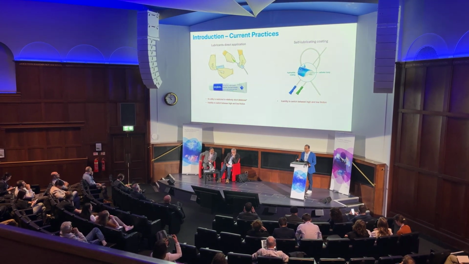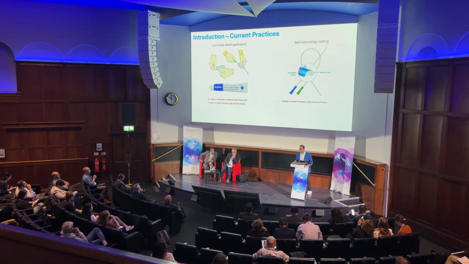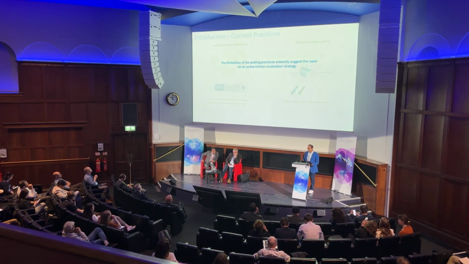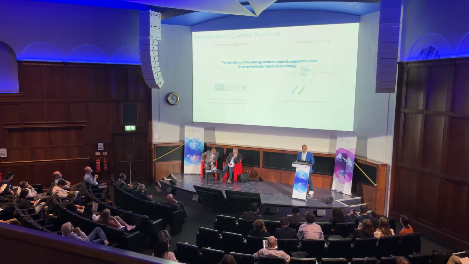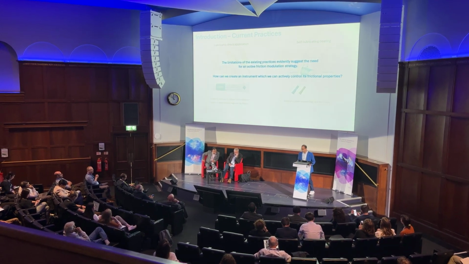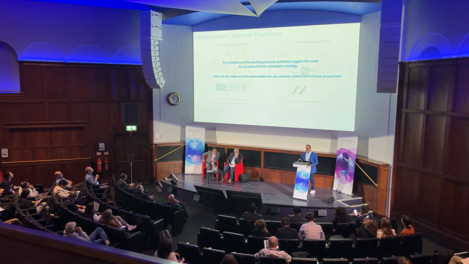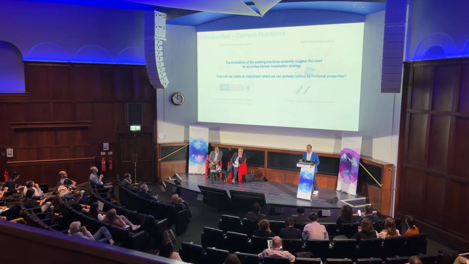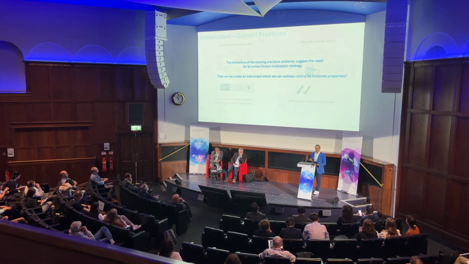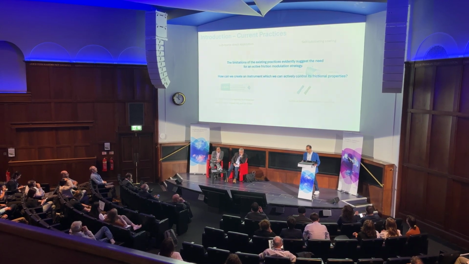However, this also lacks the ability to switch between high and low friction states. So the limitations of these existing practices suggest the need for an active friction modulation strategy. And the question now is, how can we create an instrument or a catheter whose friction properties are actively controlled, such that we have a low friction state while navigating and a high friction state while executing?